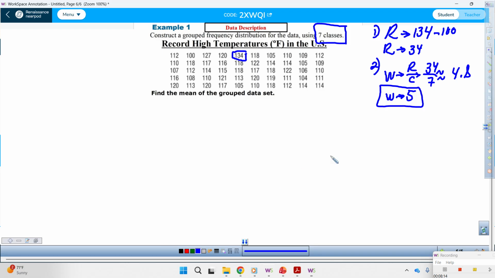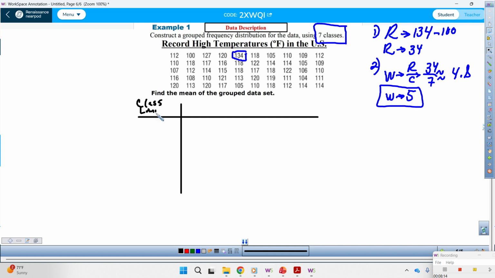All right. So now we can get started with our distribution. Tell your neighbor what you're going to label the first column. Class limits. All right? So where do I start? Tell your neighbor, what number do I start with? 100.